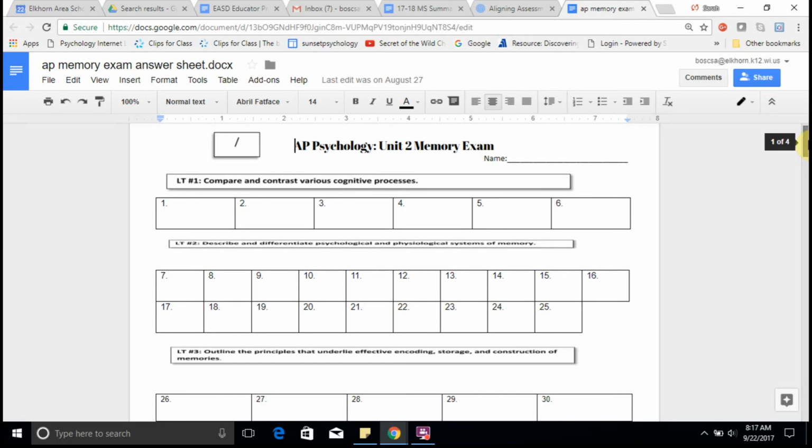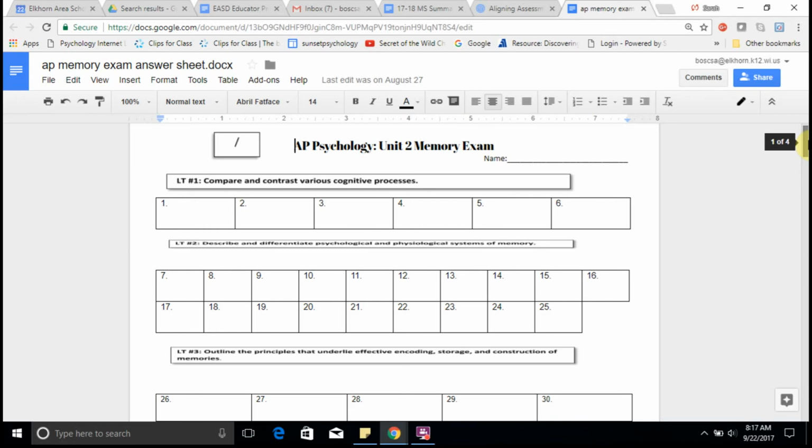It's a really great communication tool to use, especially for retakes and students that would want to retake parts of an assessment. If you have your assessments broken up into learning targets, then students can see, well, I did really good in learning target number 1, but I'm not so good in learning target number 2. I really only need to retake learning target number 2.